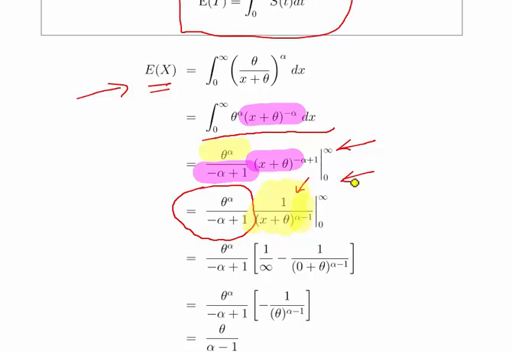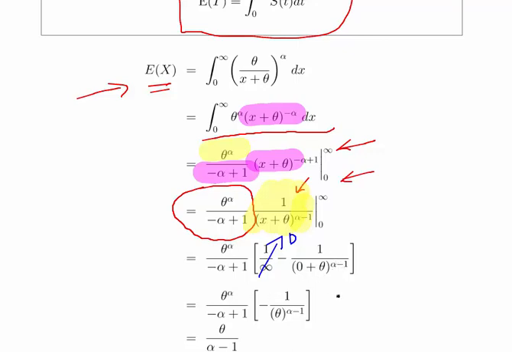When we evaluate that at infinity, we have 1 over infinity, since infinity plus theta is infinity, so we assume that is equal to 0. Then when we evaluate it at 0, we have 1 over 0 plus theta to the power of alpha minus 1.